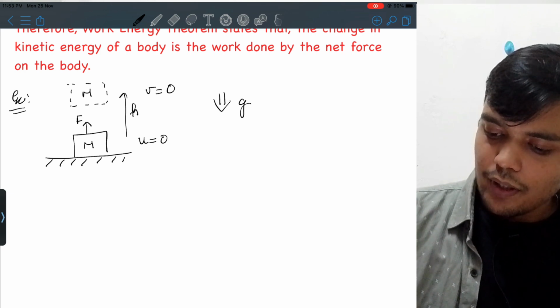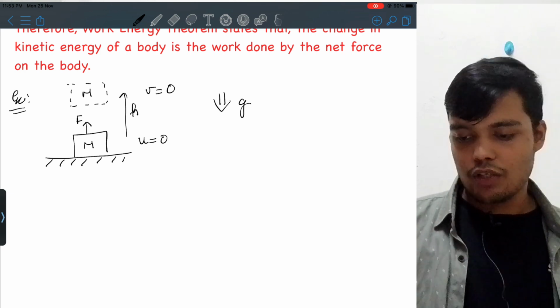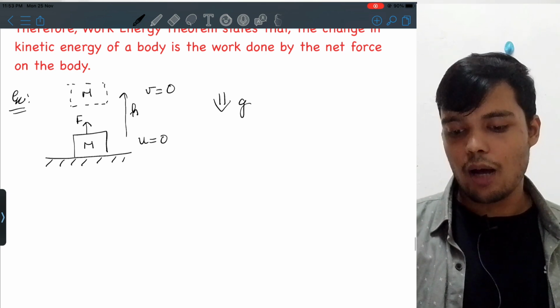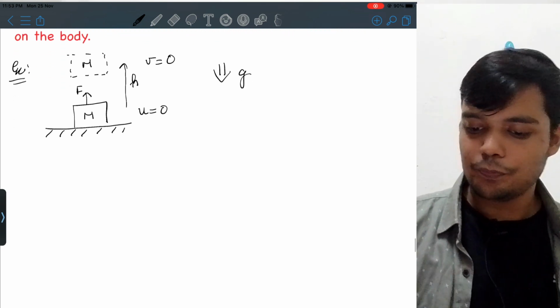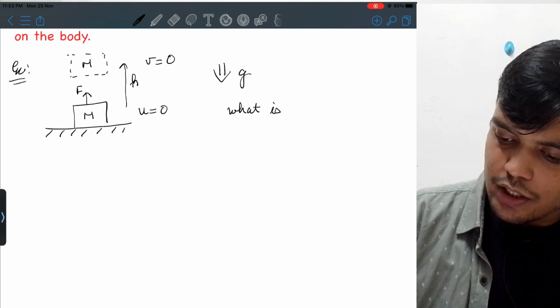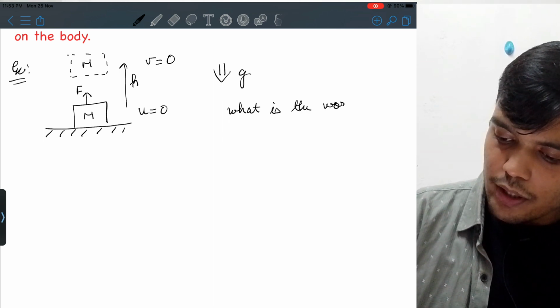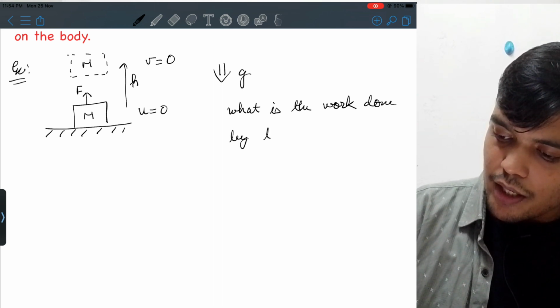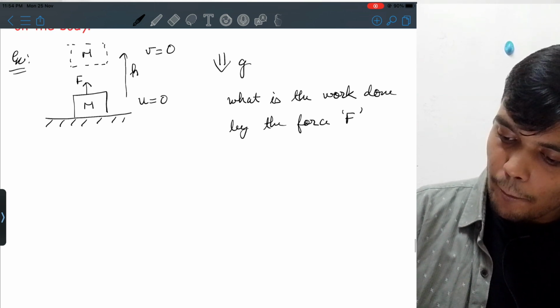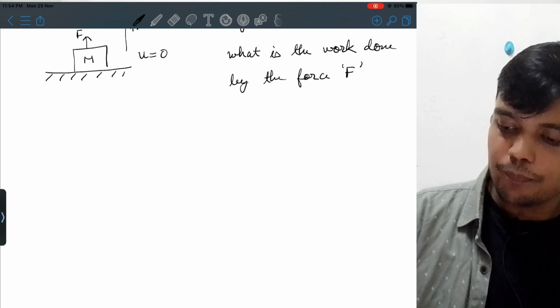It's kept under normal gravitational force, therefore there will be a gravitational acceleration applied on that box. So the question is, what is the work done by the force F?